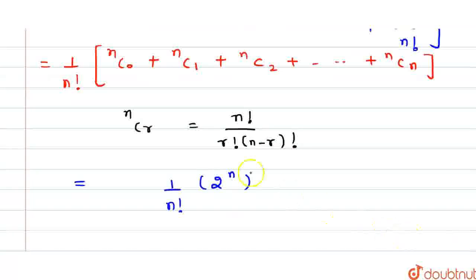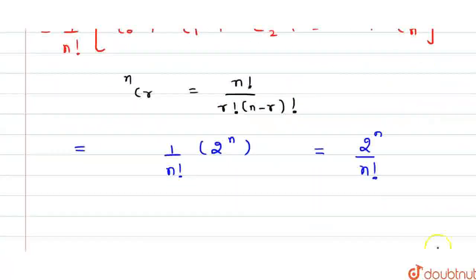By this theorem, we have used this because the sum of coefficients in the binomial expansion is given by 2 raised to the power n. So, this is my 2 raised to the power n upon n factorial. So, the coefficient of x raised to the power n is given by 2 raised to the power n upon n factorial, which is the required answer and hence we are done.